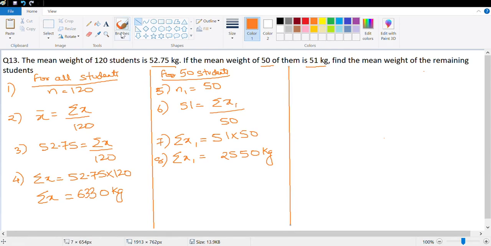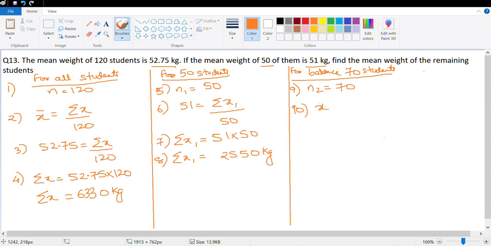So for the balance 70 students, right? N2 is equal to 70. We know the balance mean.